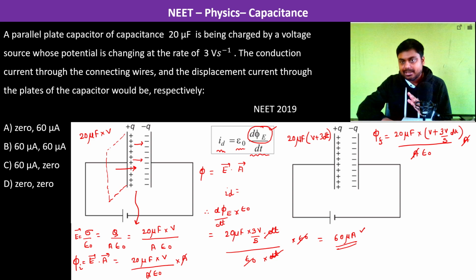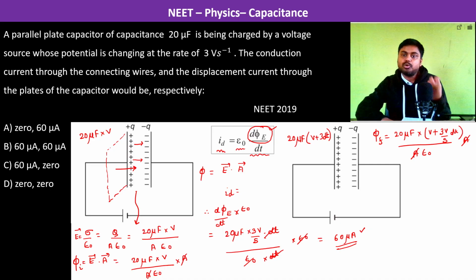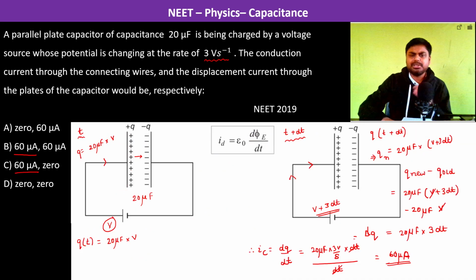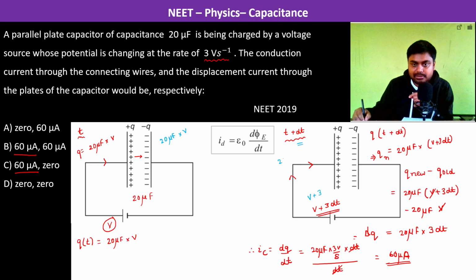Again, the short trick is that we just find the conduction current and assume both of them to be the same. There can be one more, shorter trick: let us assume after 1 second. At t it is 20 microfarads into V. After 1 second, the potential will be V plus 3, so the charge will be 20 microfarads into V plus 3.